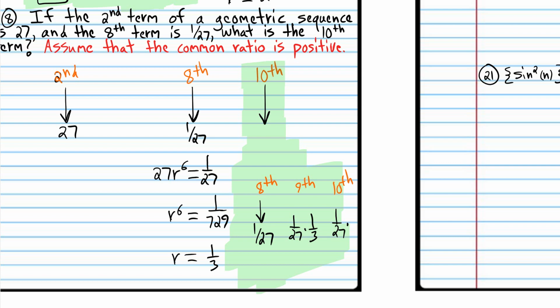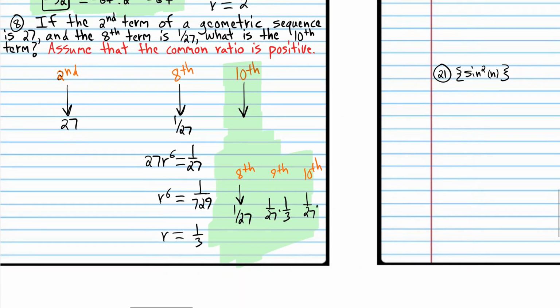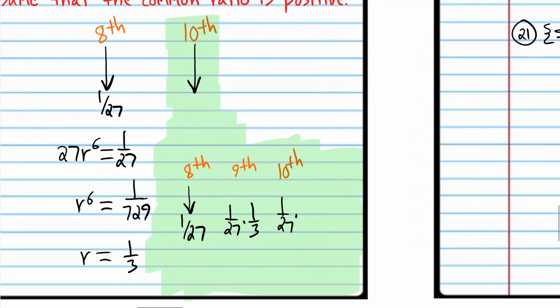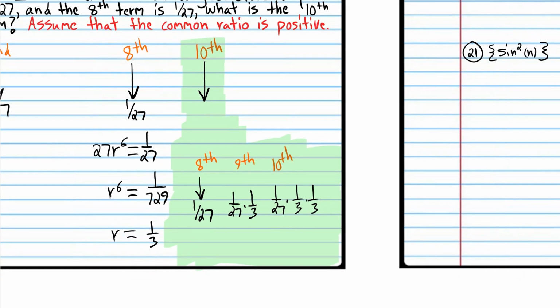And then we're going to multiply that 9th term by 1/3. We can move this over a little bit. That's the benefit of having a digital notebook. So we're going to multiply by 1/3 again to get to the 10th term.